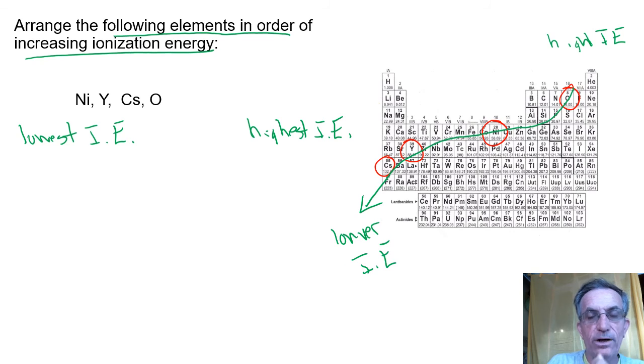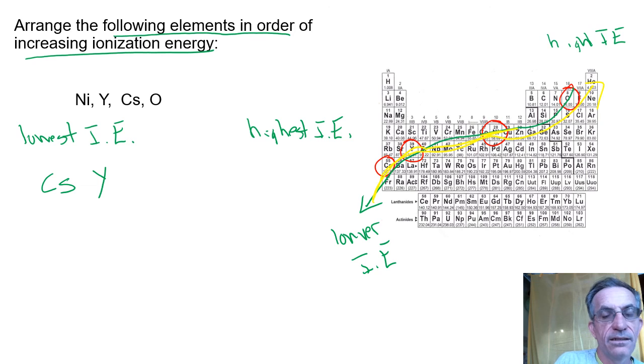So I want to list the lowest one first, actually. So I should probably have drawn the arrow the other way, hadn't I? So the lowest one would be cesium. That's the easiest to remove an electron from. And then we go to yttrium. And then we go to nickel. And then finally, the one that'll be the hardest to remove an electron from would be oxygen. So that should have been your answer, I hope.